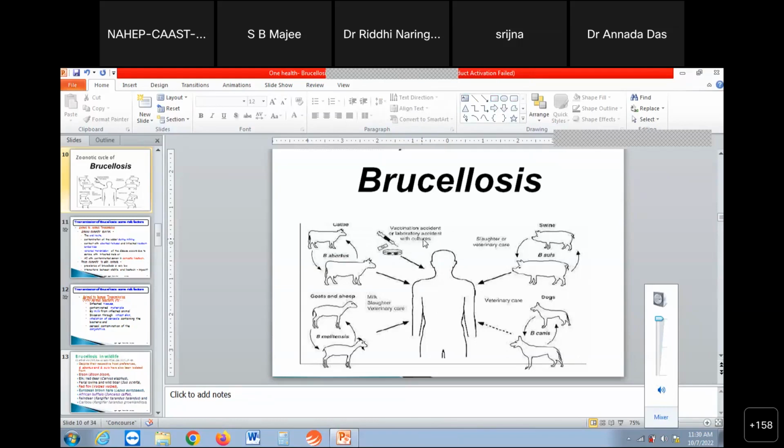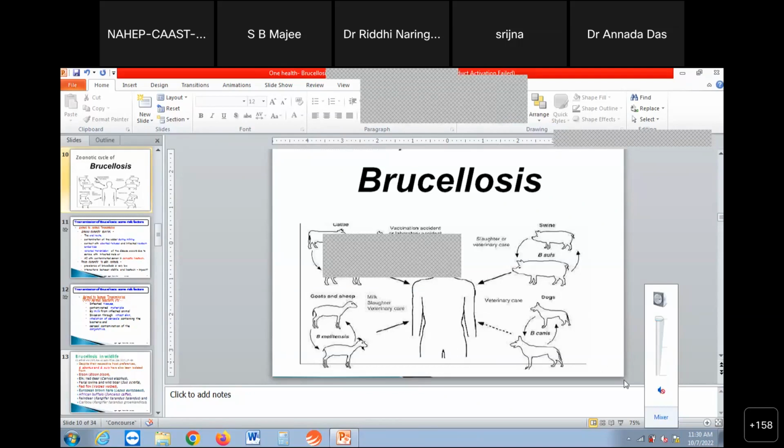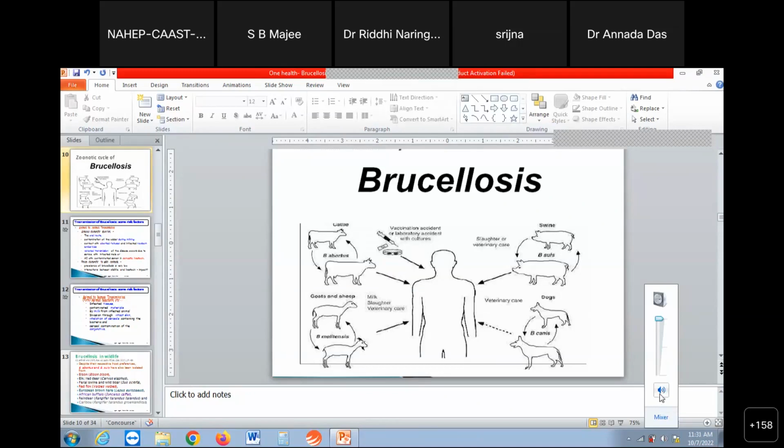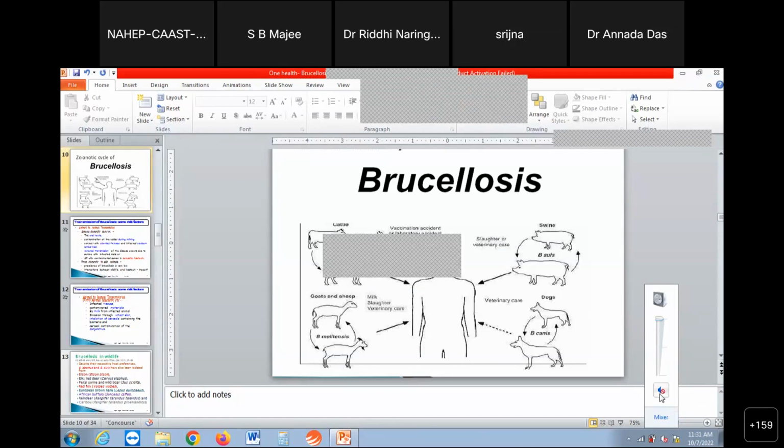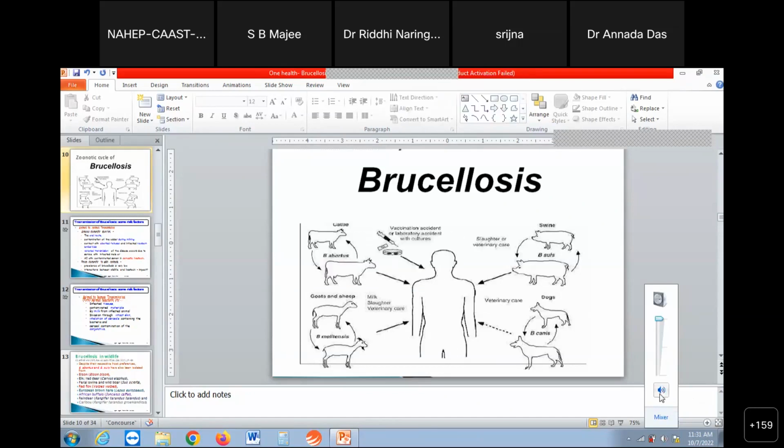So we have got 5 risk factors to the human being, and these risk factors are risky not only for the human being, but also for the animals present in the population. So this is one of the very important aspects which I wanted to show. And as we go further, you will see why this slide has so much importance.